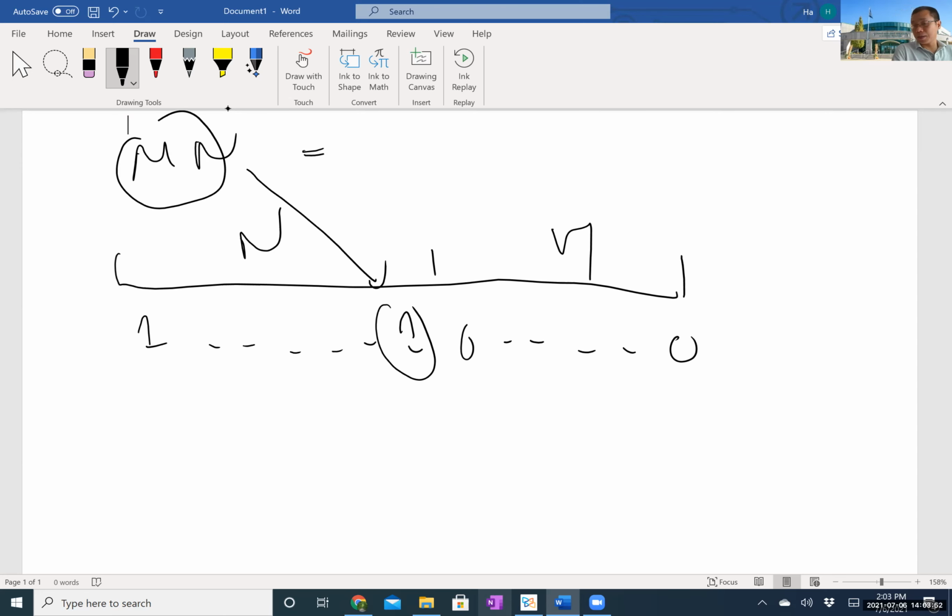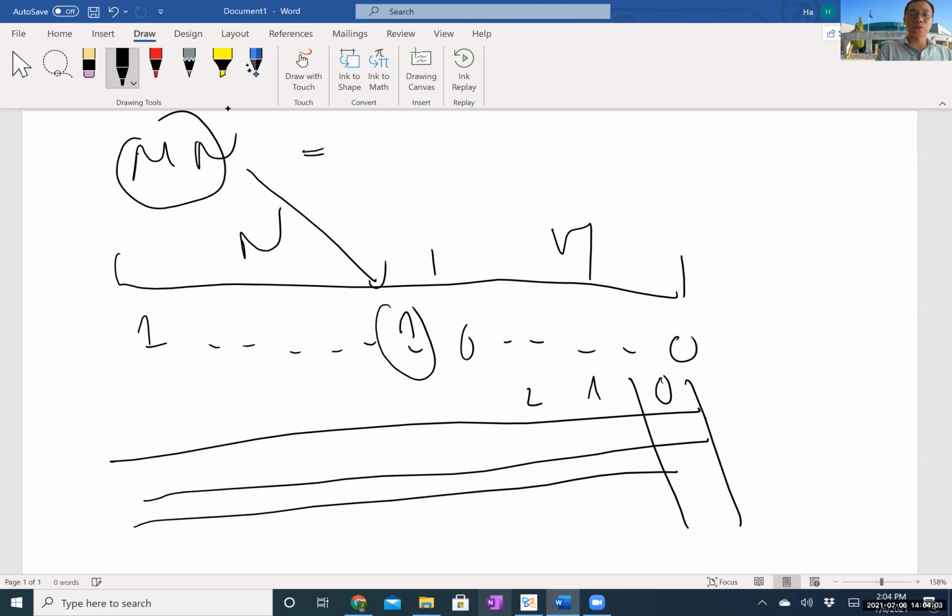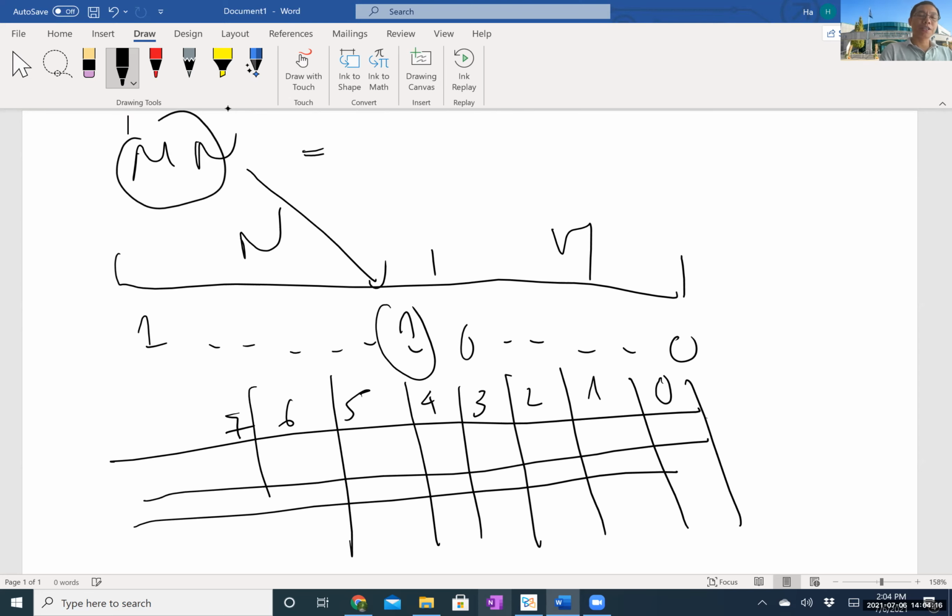And you have to remember everything about the table here. In one octet, you have 8 bits: bit number 0, 1, 2, 3, 4, 5, 6, and 7. For each bit, you have a specific value.